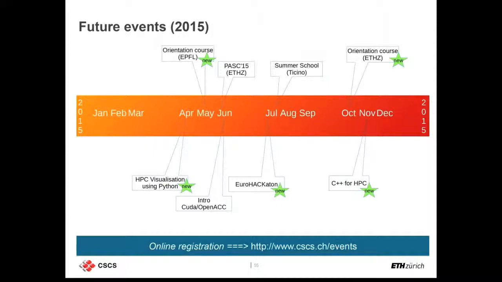We have the typical summer school for students who want to learn HPC. Then we will have a course about C++ for HPC in November. We also have two new types of events: the orientation course. The first one will be in May in Lausanne, and the second one in October in Zurich.